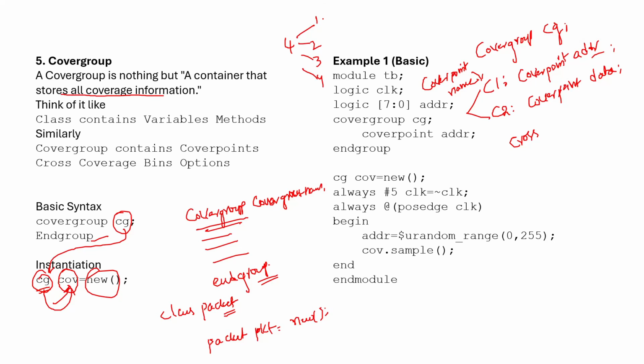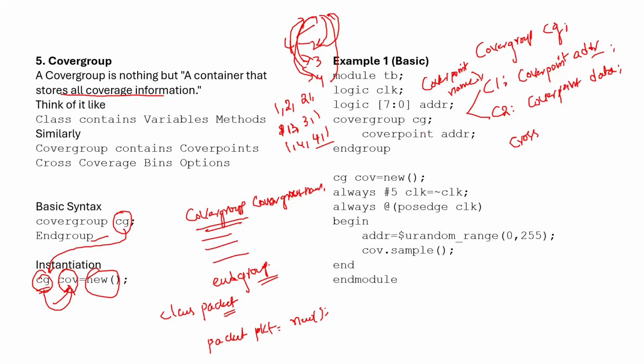That means one is checking with two and two with one, one with three and three with one, one with four and four with one. That is, 1 comma 2, then 2 comma 1, 1 comma 3 and 3 comma 1, 1 comma 4 and 4 comma 1. All these scenarios I want to cover, and that gives you the cross coverage. Cross coverage is the combination of cover points we check here.